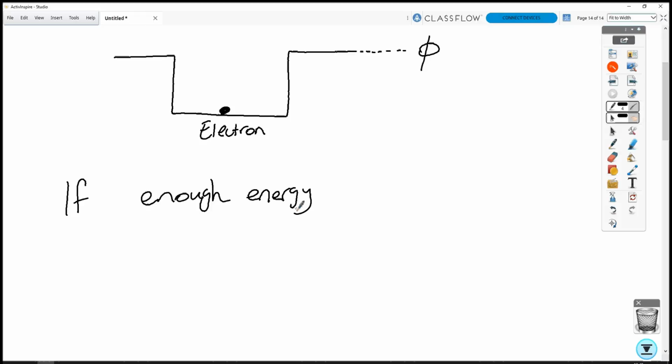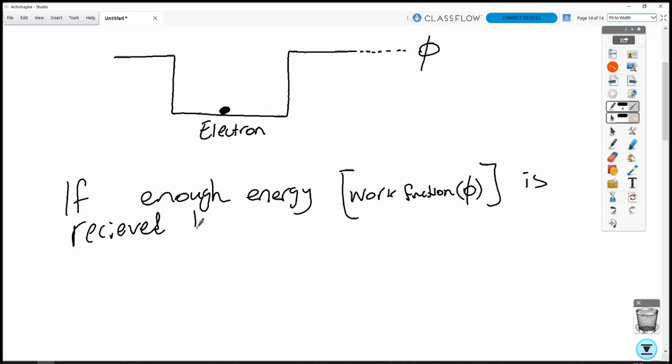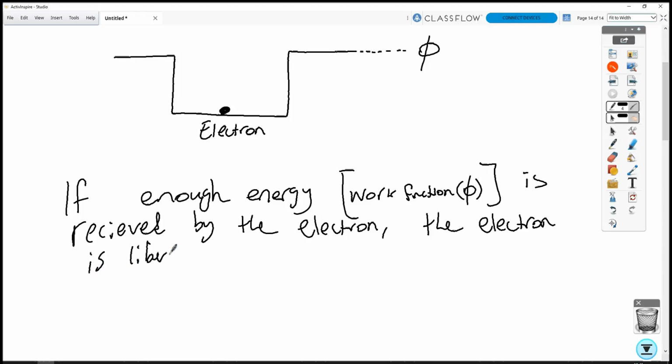So if enough energy, which is the work function, is received by the electron, the electron is liberated and leaves the atom.